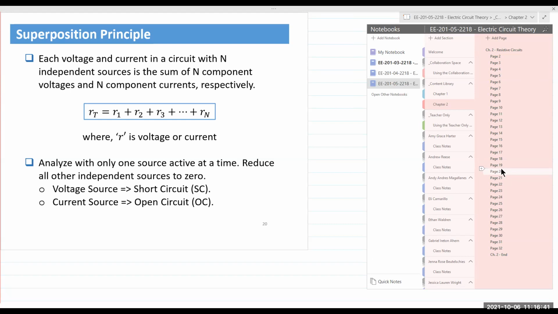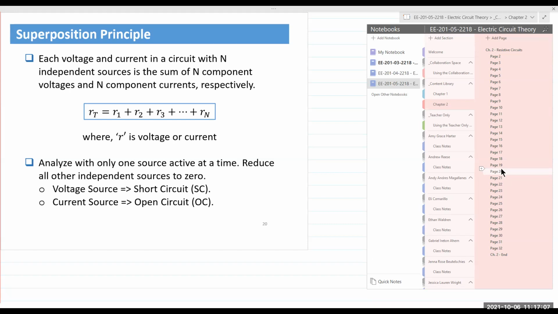If you have 10 sources, you have 10 different analyses, and that is to find only one quantity. If I wanted to find voltages for all 10 resistors and I had 5 sources in there, then it's 10 times 5. I need to perform 50 separate analyses to find the resistor voltages instead of just analyzing it twice, right? So that's the obvious disadvantage.